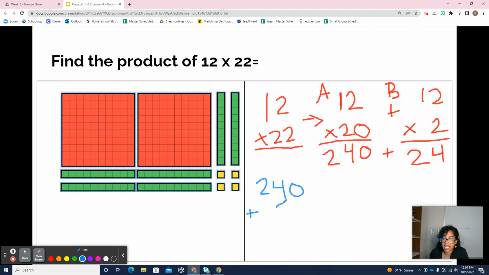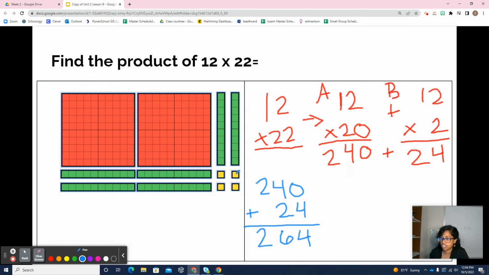Make sure we are lining up our place values. I'm going to use the standard algorithm for addition. So 0 plus 4 is 4. 4 plus 2 is 6. And then 2 is 2. So our answer is 264.